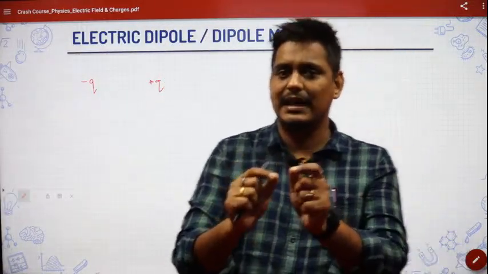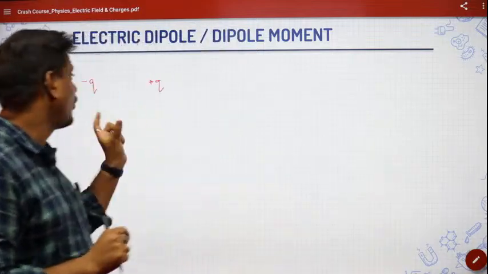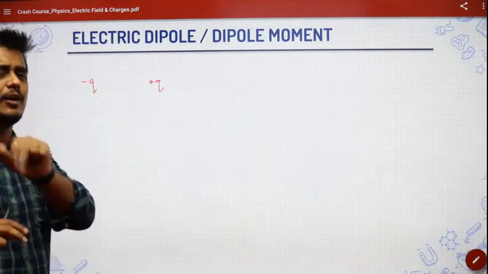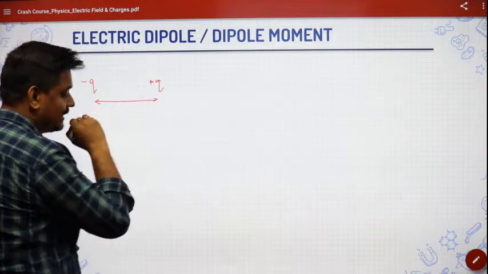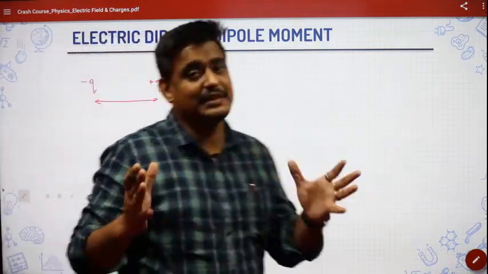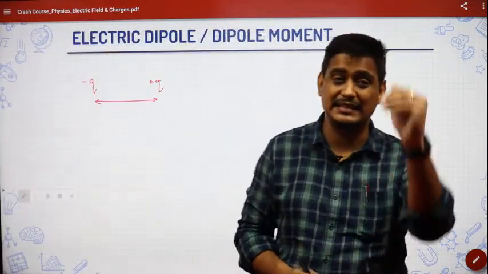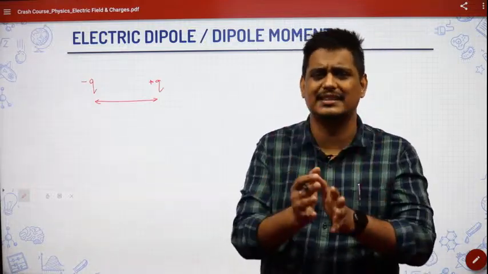That is, they are equal and opposite charges, separated by a very small distance. On the board I'm drawing it as a big distance, but in reality, dipoles exist at very small distance.